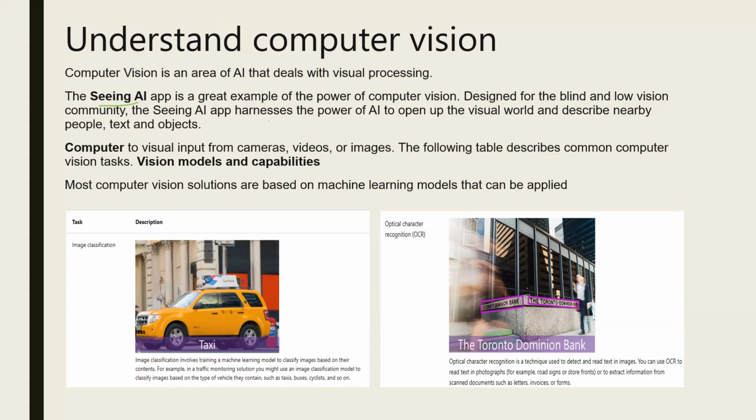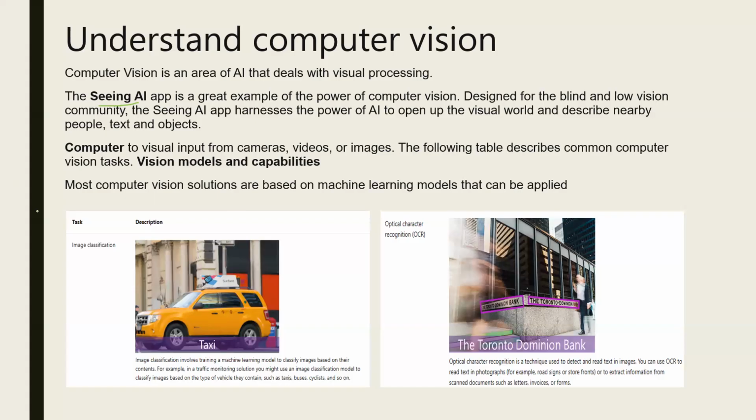We can use this already developed AI service, and to build this kind of app we'll be using computer vision. These are different examples of services which support computer vision.